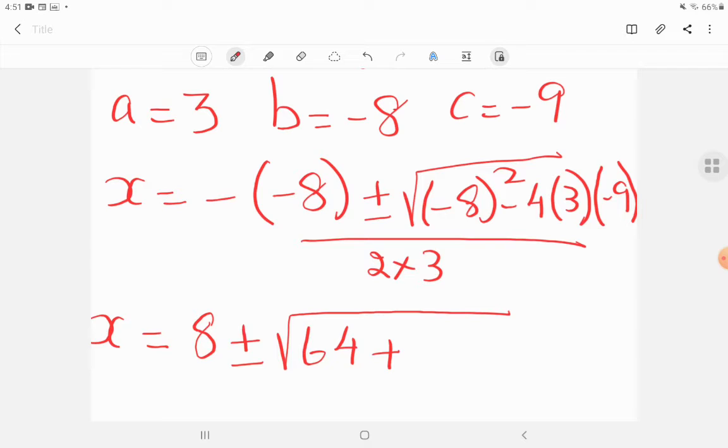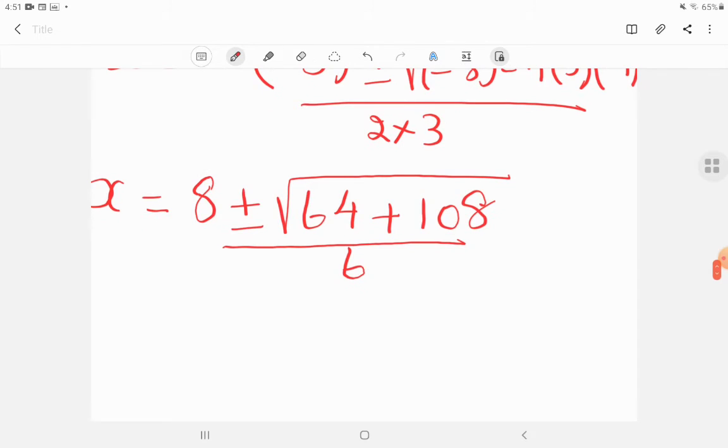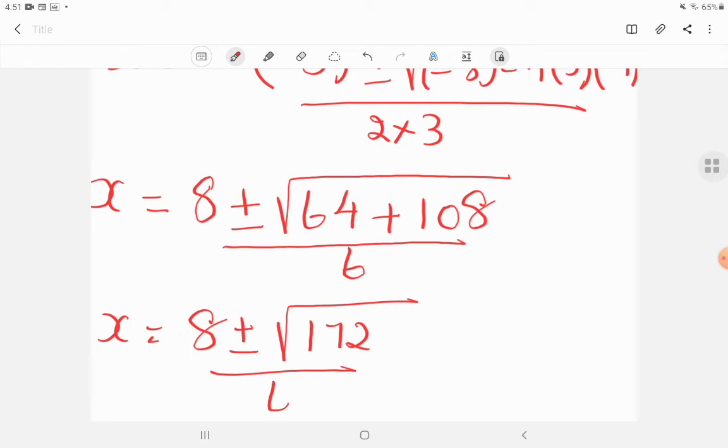So 4 times 3 is 12, and 12 times 9 is, sorry, 108. Divided by 6. And now we have x is equal to 8 plus or minus the square root of 172 over 6.